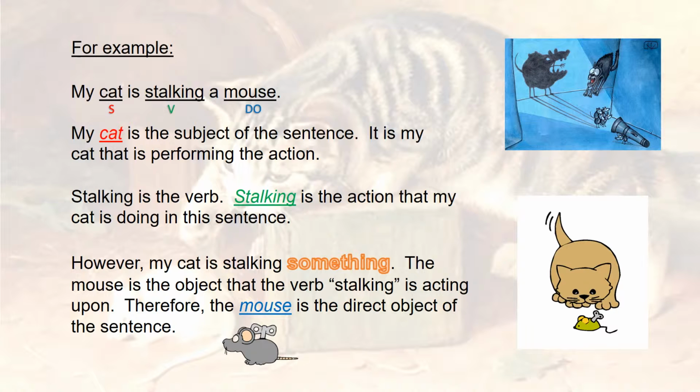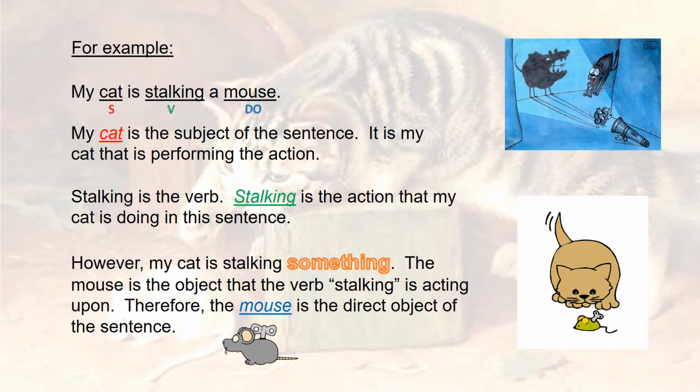Now, remember, a direct object has to be a noun or a pronoun, and it's got to come after the action verb. So let's look and see what word comes after the verb. The verb is stalking. The only noun after that verb is mouse. Therefore, mouse is the direct object. My cat is the subject of the sentence.